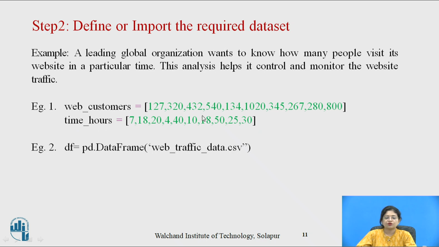Okay. So, this is defining the data, and the second example shows importing a file. We can import an XLS file or a CSV file. So, here web_traffic_data.csv file is imported as a data frame in pandas. So, we can define the data, or we can import the required data set.